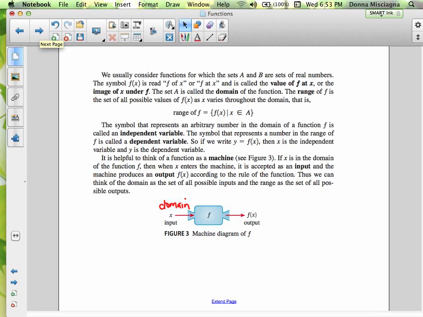The range of f is the set of all possible values of f of x as x varies throughout the domain. That is, the range of f is equal to f of x, where x is in the domain. So this is what this means. This funny looking e means "is an element of."